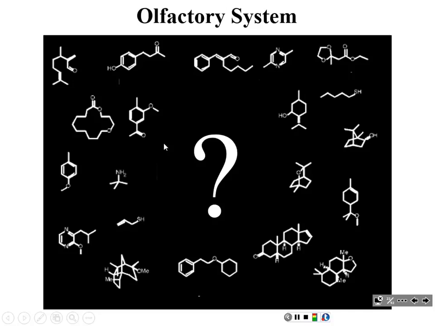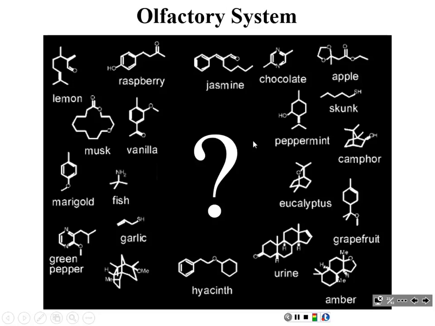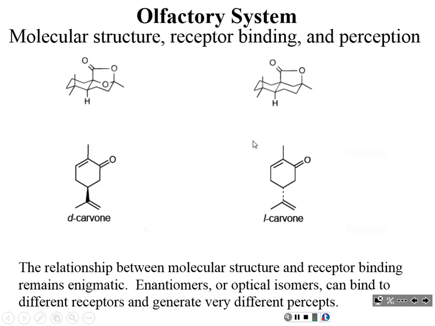What about the olfactory system? If I present you with an odor, you are going to be able to tell me what it is. But if I present you with a molecule, I bet there is nobody in the room who can tell me what it smells like. But all of them smell like something. Okay? So that is one of the problems that we face when trying to understand the olfactory system.